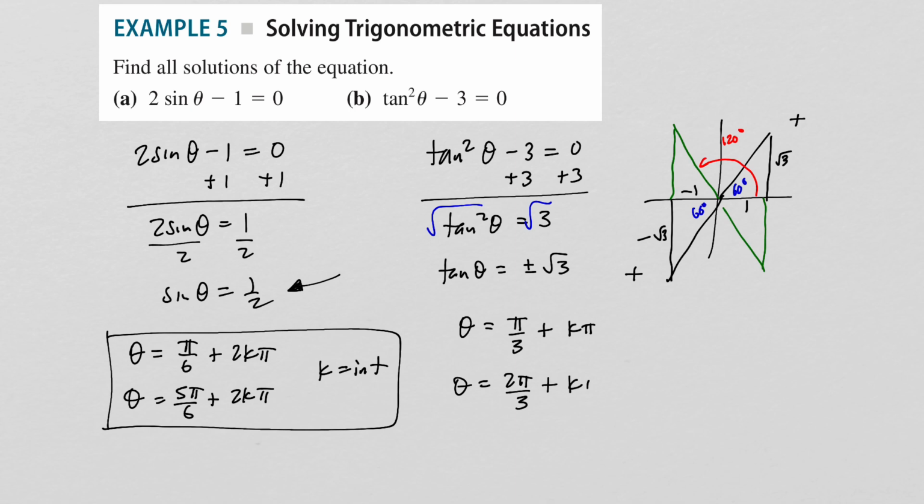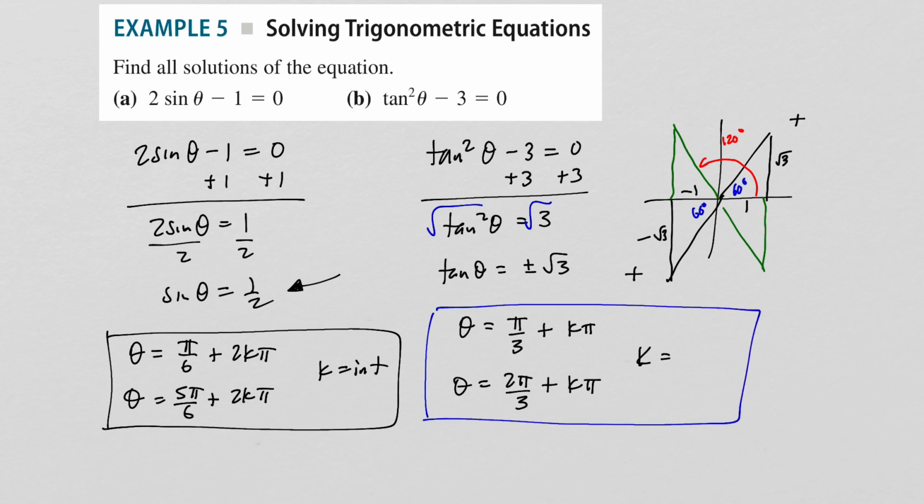And again, we're going to add k pi to that, because once I have this solution, if I add pi units to it, I get this solution. So we can capture all of the solutions by just stating these two.